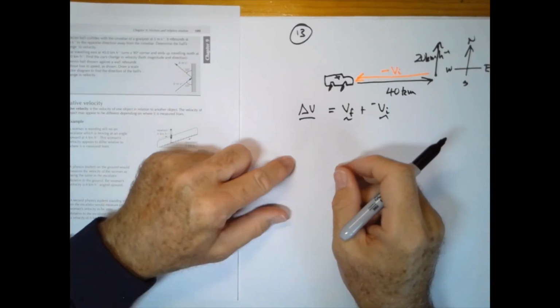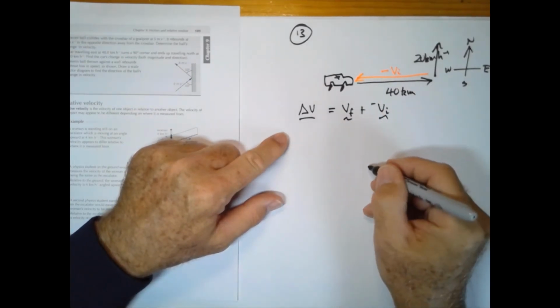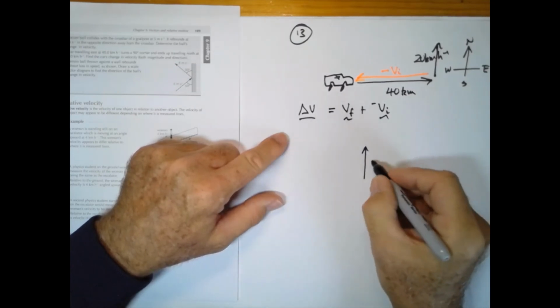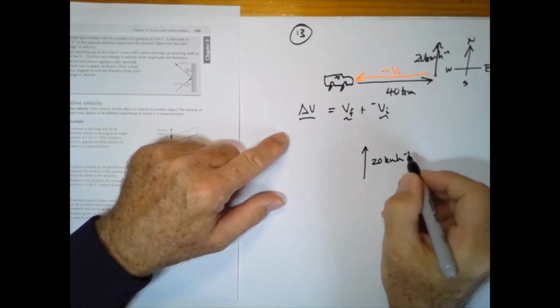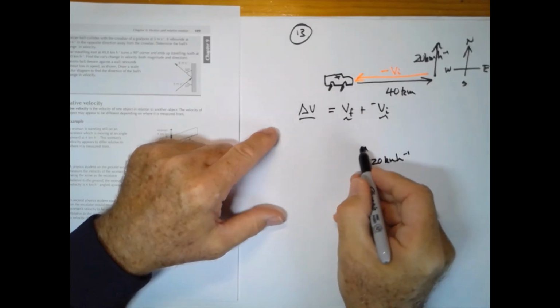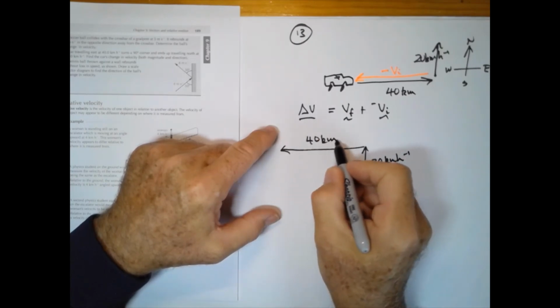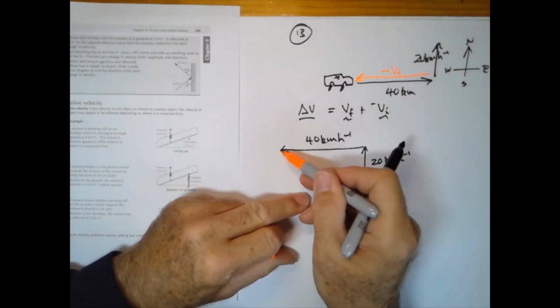So let's add these two up as vectors. We've got the final velocity, 20 kilometers per hour, and we've got the negative of the initial velocity, 40 kilometers per hour. So the resultant, the change of velocity, is this vector length here.